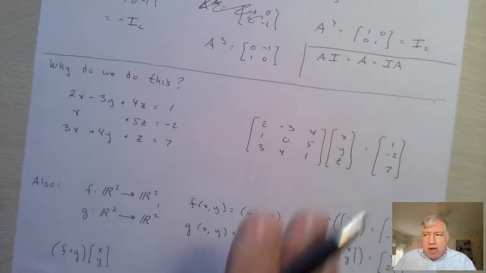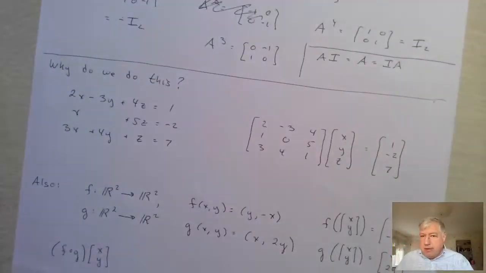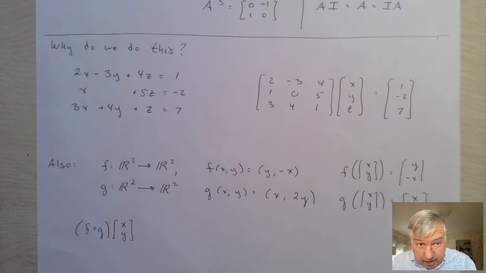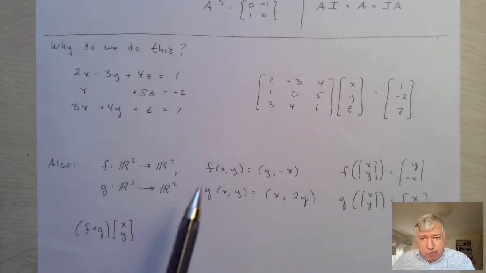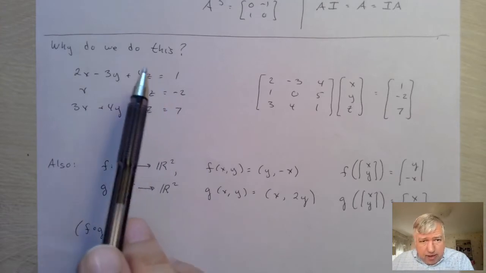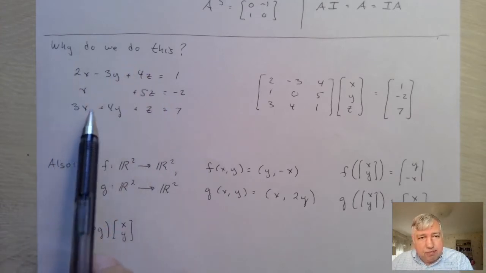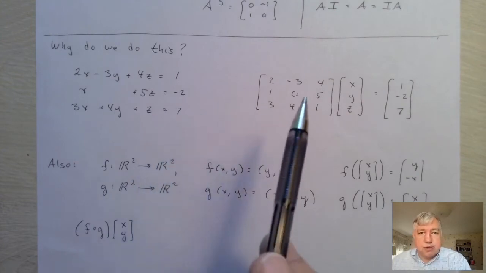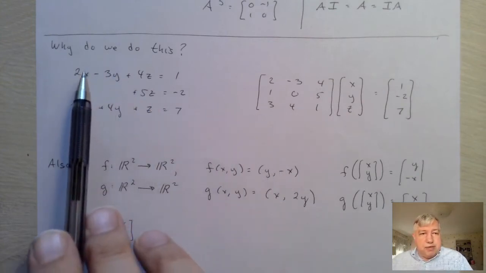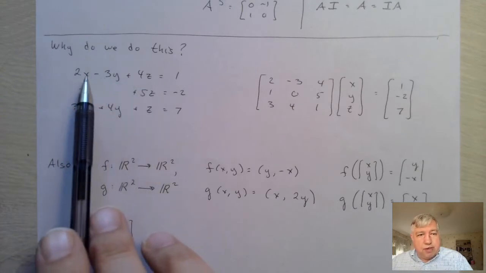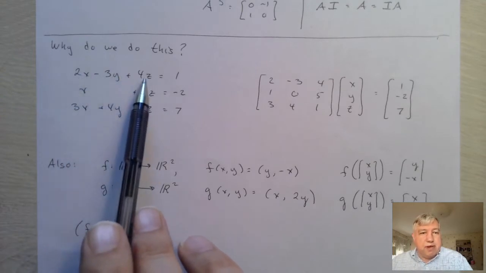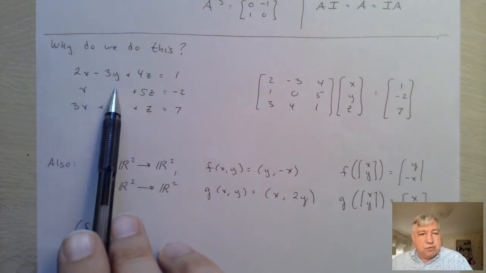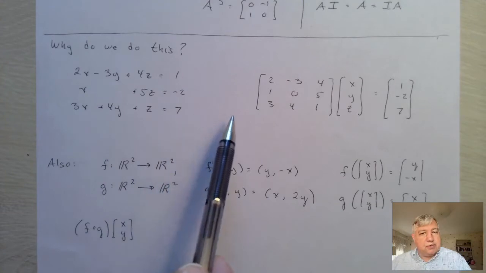So why do we have this nice complicated math, this multiplication? Why can't we just multiply the corresponding entries? Well, one reason is that we can now represent a system of equations as a single matrix equation, because this first row is really the dot product of 2, -3, and 4 with x, y, z, and the second row is the dot product of 1, 0, and 5 with x, y, and z, and so on.